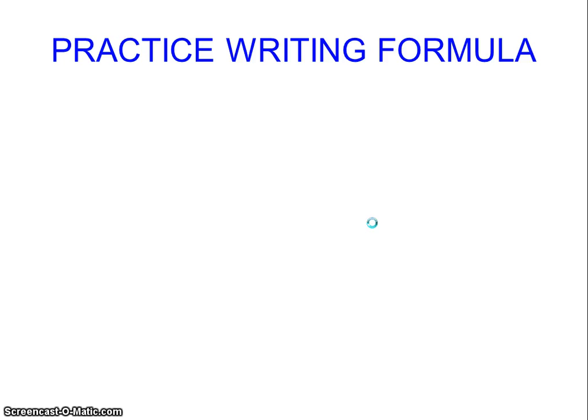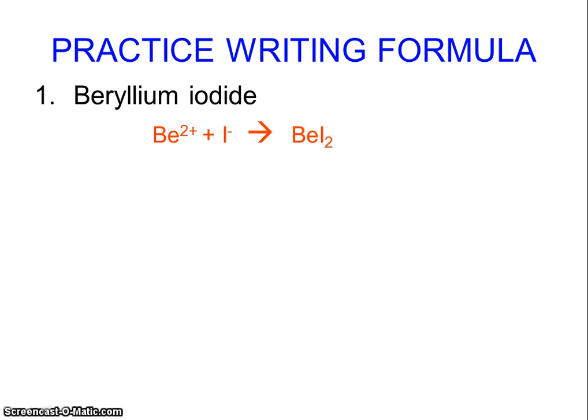Let's practice some more writing formula. Beryllium iodide. Beryllium is group 2 alkaline earth metals, so it's a Be2 plus cation. Iodide is a halogen, I minus 1.